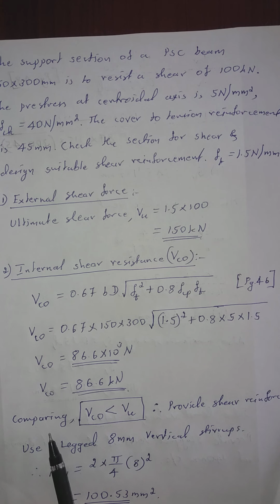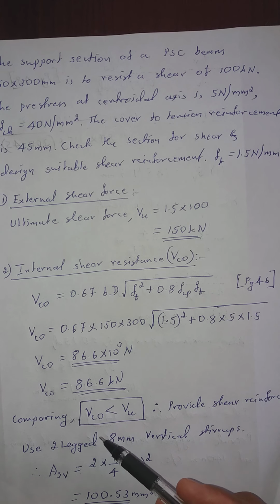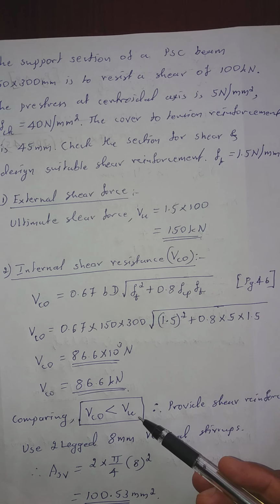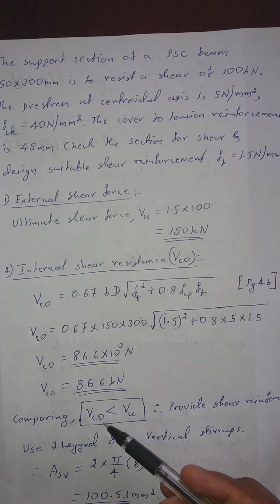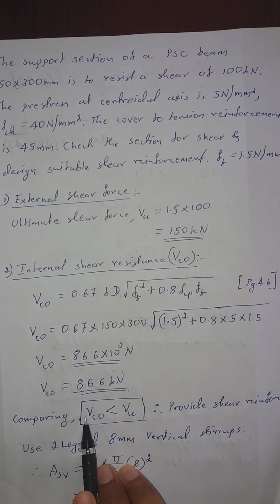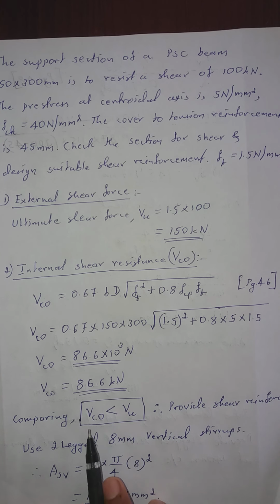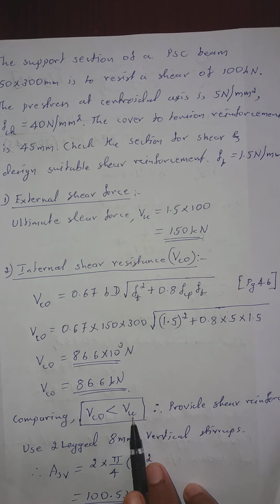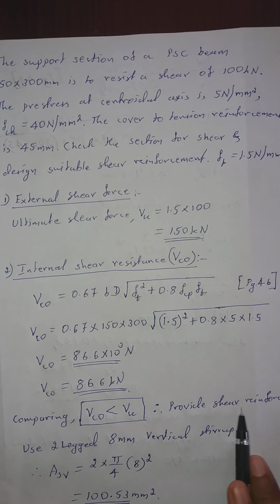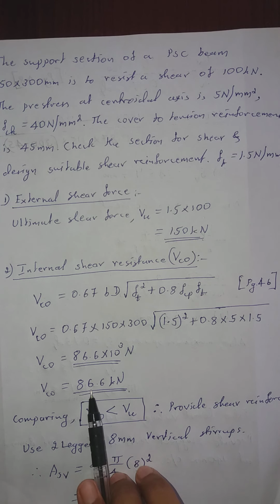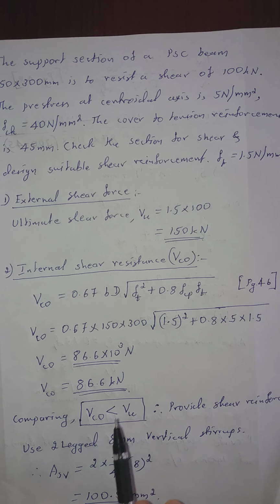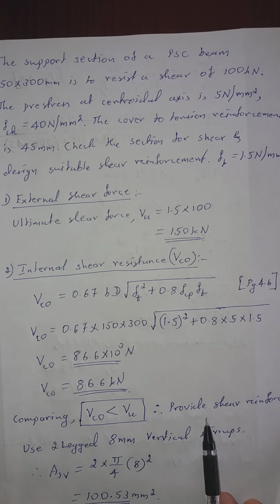So now you have to do a comparison. Is Vc naught higher than Vu, the acting force? Vc naught is the resistance of the concrete. In this case, Vc naught, the resistance, is less, so you have to provide shear reinforcement. 86 is lower than 150 kilonewton, the acting force is more, so you have to provide shear reinforcement.